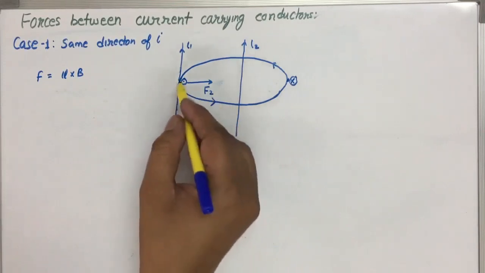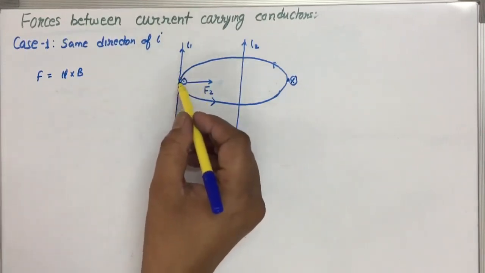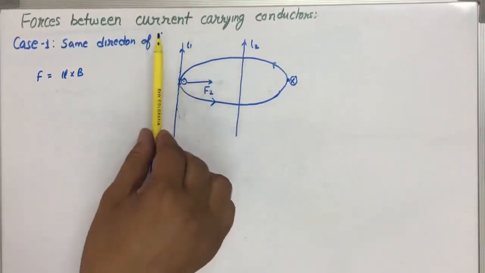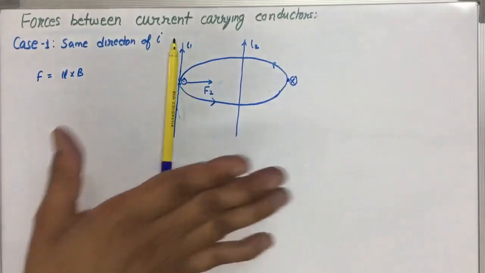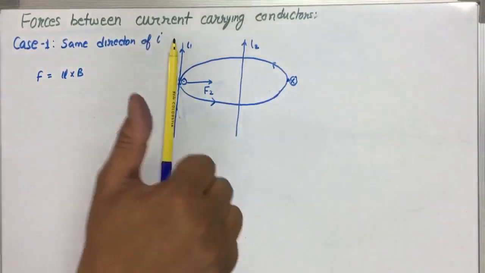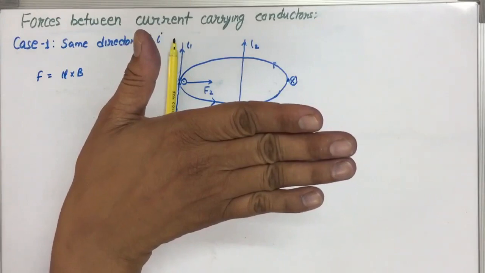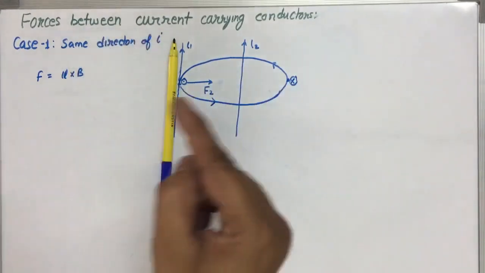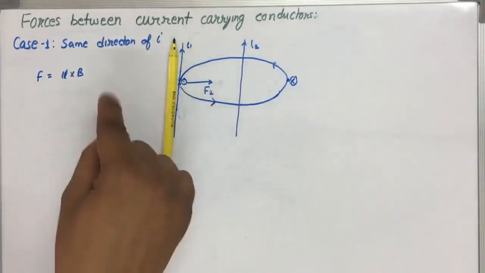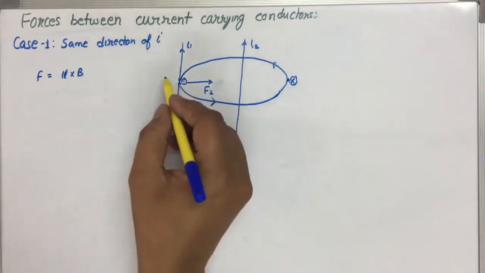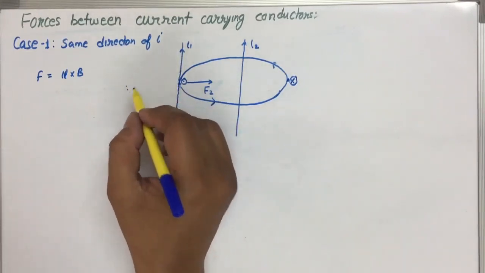Similarly, the current is flowing in the same direction. The current is like this, and if we curl our fingers, the circular path followed will be the magnetic field.